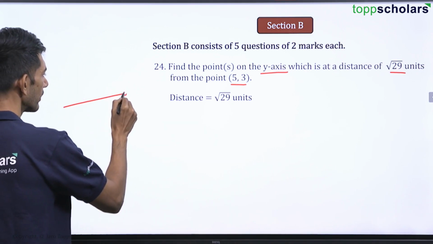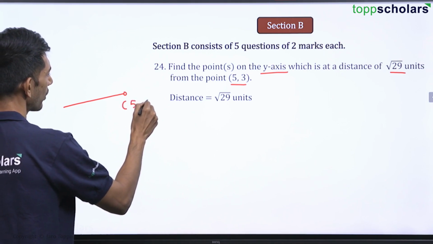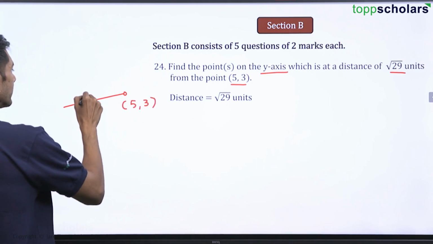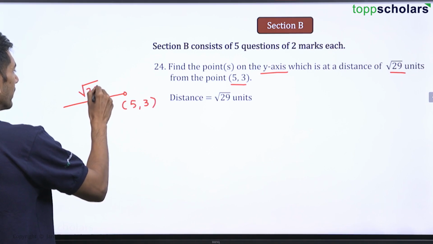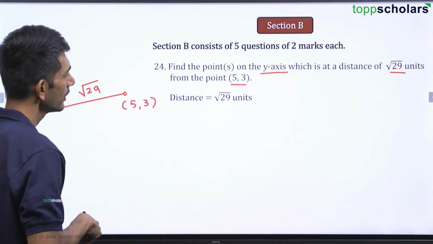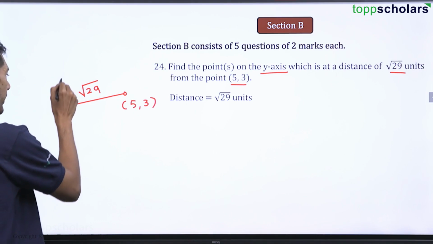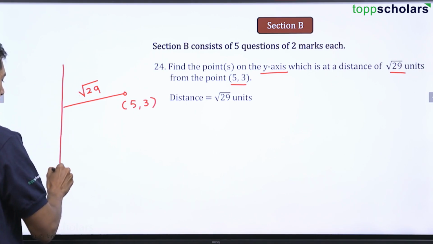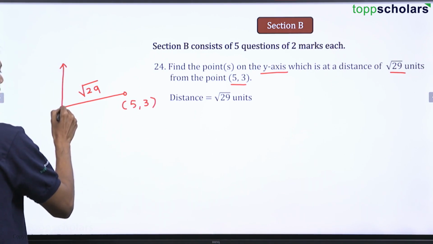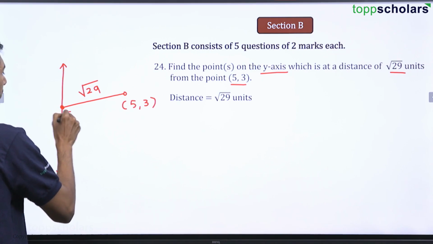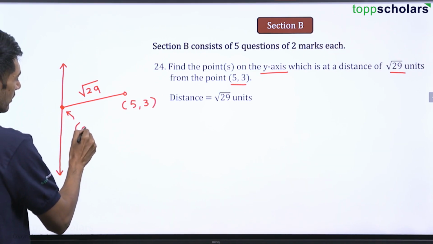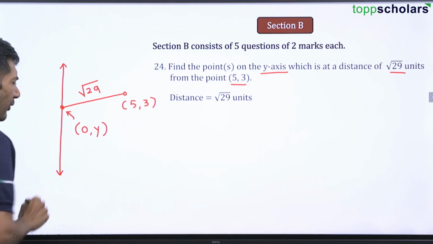There is a point that is 5, 3. The distance is under root 29, right, from a point on the y-axis. So there is a point over here. This point lies on the y-axis.